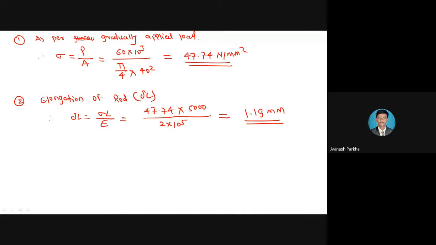This is the elongation of the rod due to the 60 kilonewton gradually applied load and the maximum stress developed in the bar. And now, strain energy.